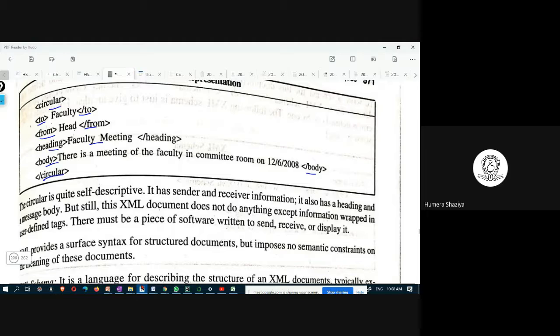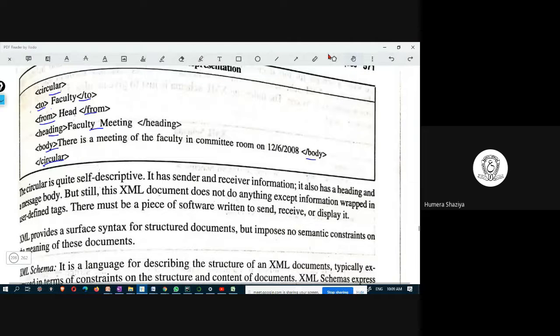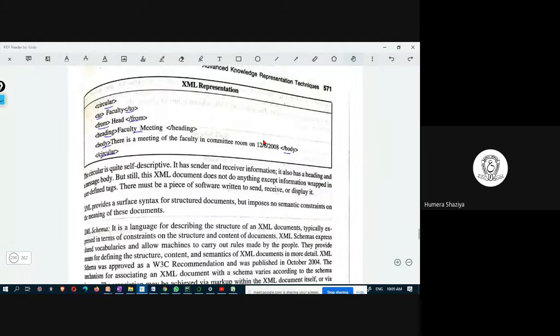It is very well understood from these tags that have been created along with the text that have been associated with these tags that this is a circular which has a meaning from the head to the faculty. Is it clear? This is XML. Essentially, XML is adding some kind of semantics or meaning to the document.